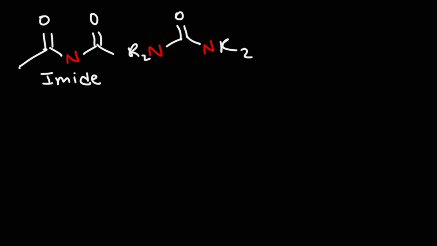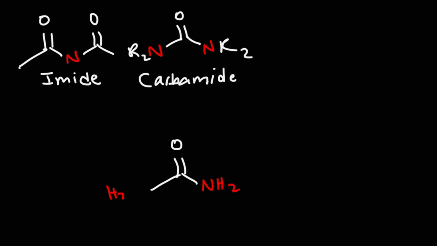So we have one carbonyl group with two nitrogens attached to it. That is a carbamide. A good example of that we have in nature is urea. So urea is a type of carbamide.